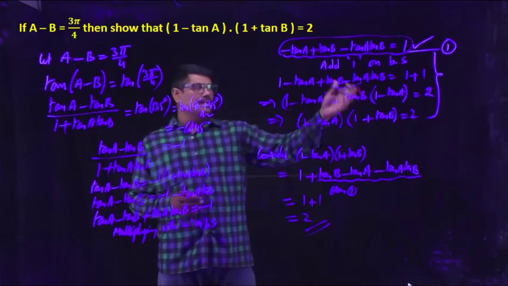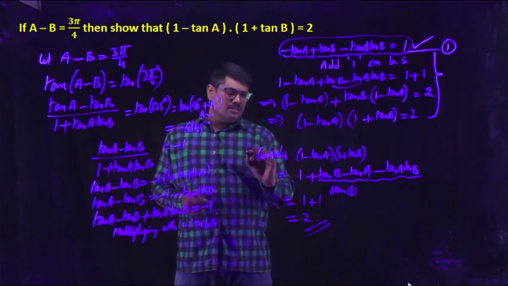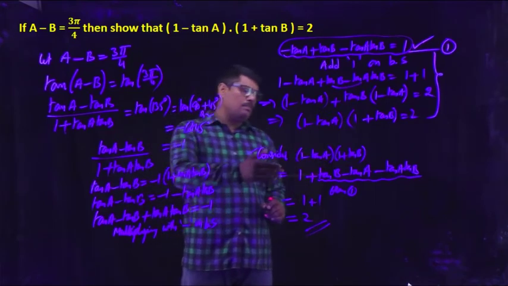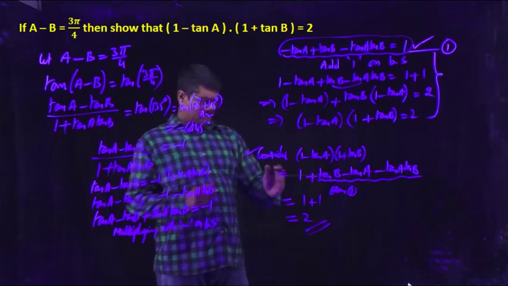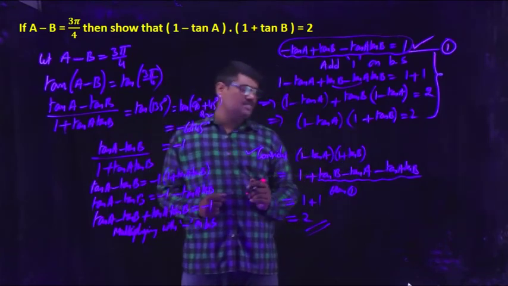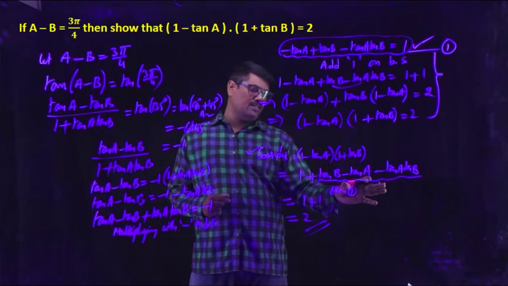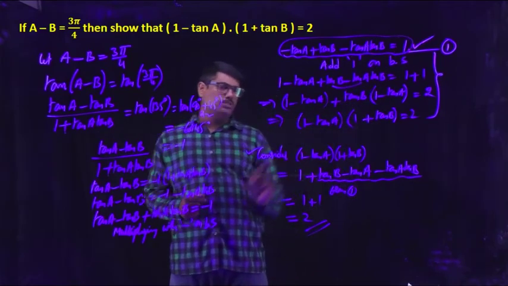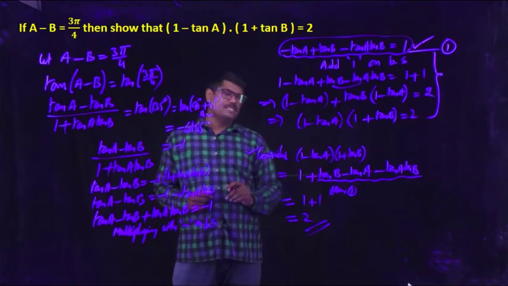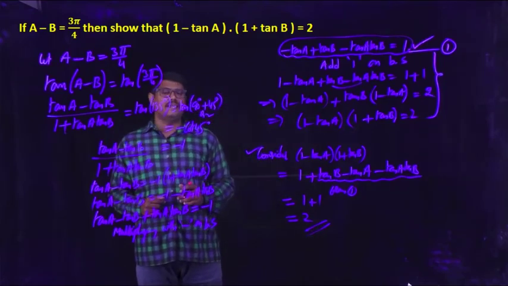If you are not getting that idea, then start the problem by considering the LHS part of the required condition, multiply the brackets, then you will get the expression like this. From equation 1, you can substitute that value as 1, so you will get the result as 2.